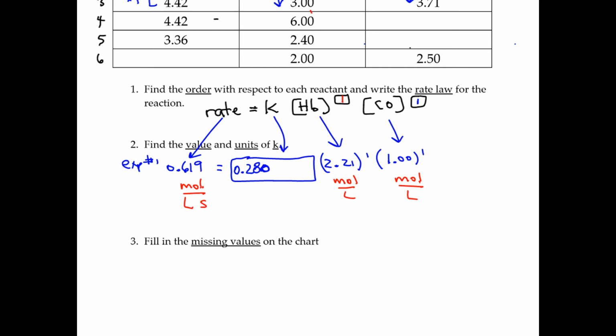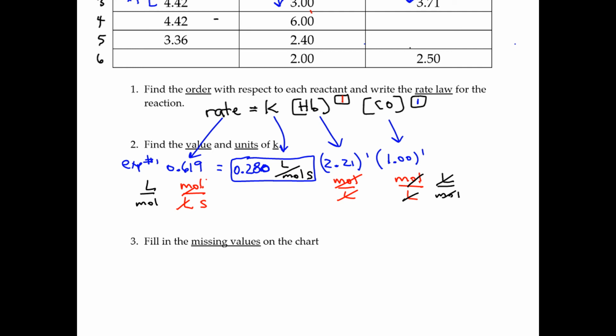So you could easily divide out one of the moles per liter from this side and this side, and then you'd want to multiply by the reciprocal, liters per mole, in order to get the right side with no units at all. So the left side units will tell you this needs to be liters per mole second.